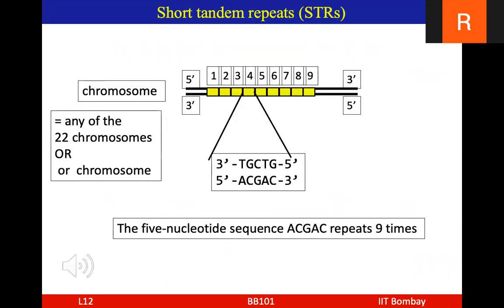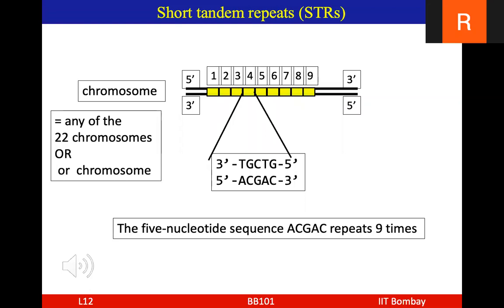Similarly, a chromosome is basically a larger fragment of DNA coiled along with certain proteins, but if you stretch it, uncoil it, you will see these DNA sequences. Now imagine that this yellow fragment, which I divided into 9 different parts, has a 5-letter sequence, TGCTG, and that sequence repeats 9 times.